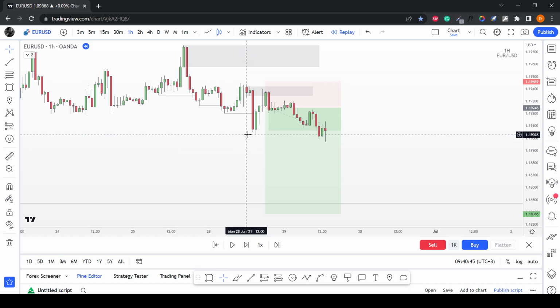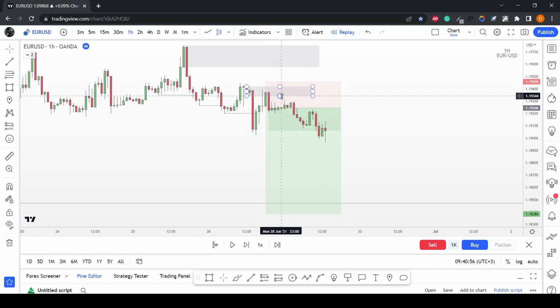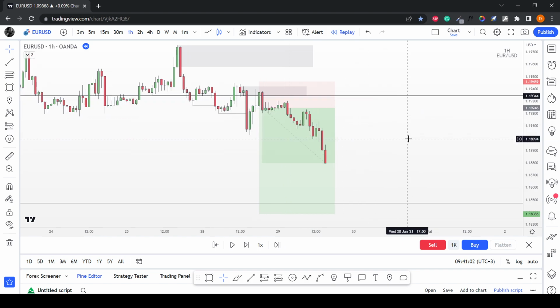So we have a technical break for this level, but I still want a more confident break. But at this point, I'm okay with moving my stop loss to 0.5. So somewhere here. This will be my current stop loss, and let's see how it develops.